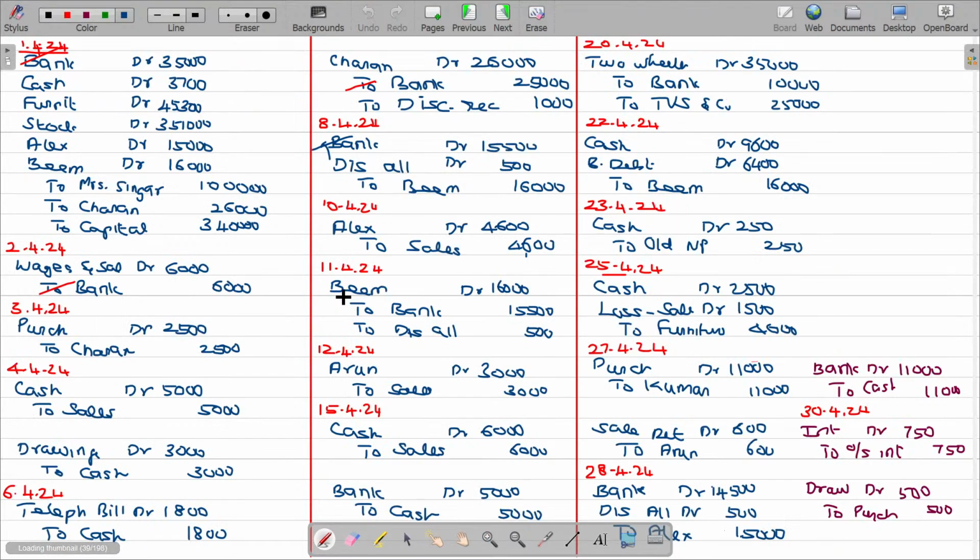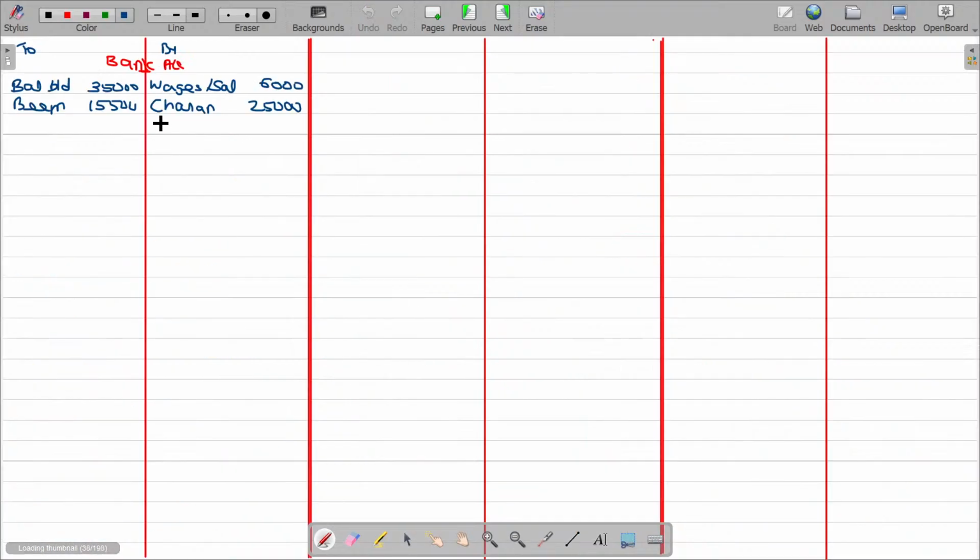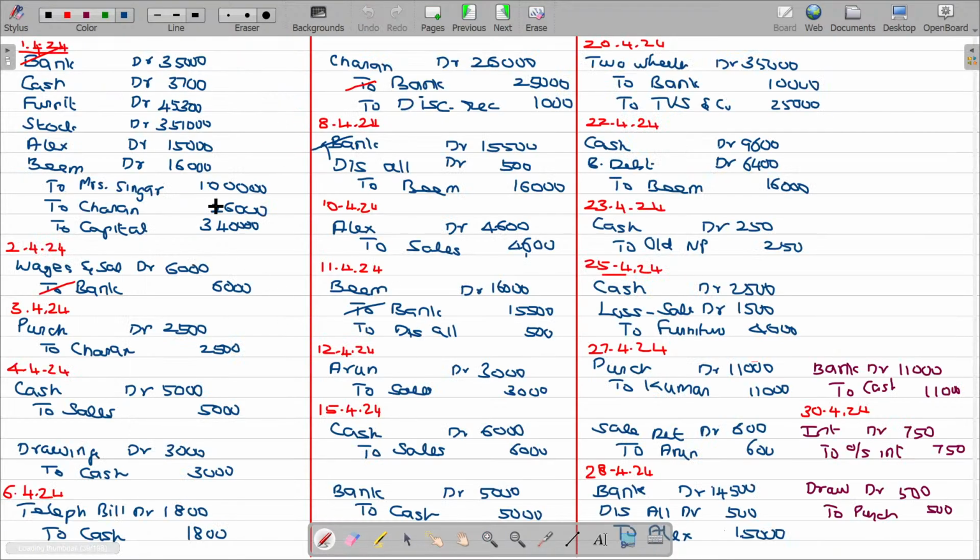Then here by Beam account 15,500, isn't it? Then to cash 5,000.